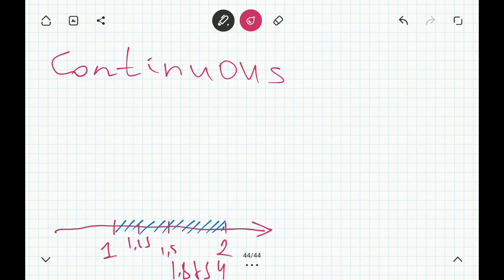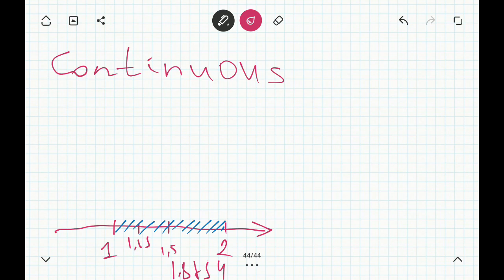They can acquire infinitely many different values. Well, we have already seen something like that. So if you look at Poisson distribution, there you can also have infinitely many different values for your variable. However, in case of Poisson distribution, they are countable.